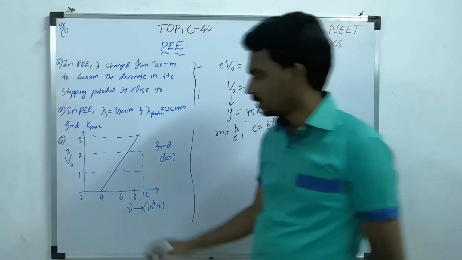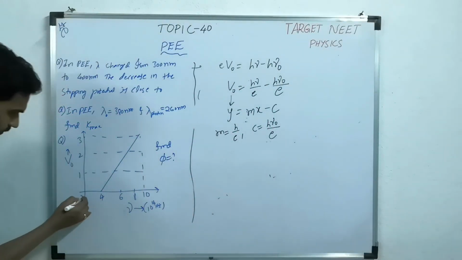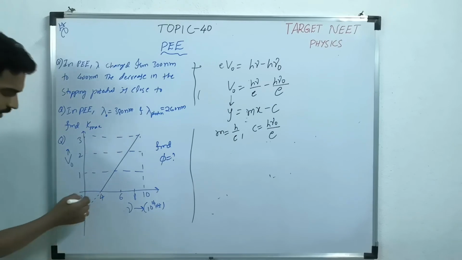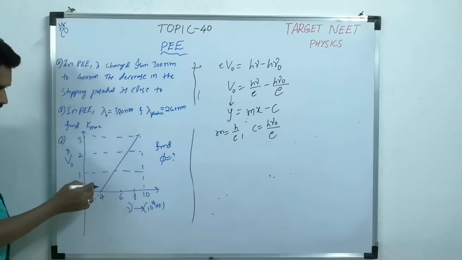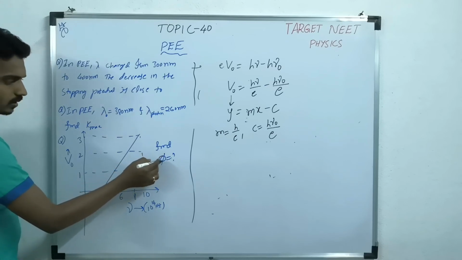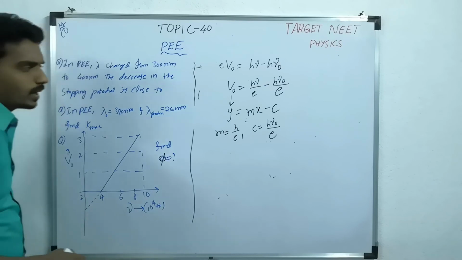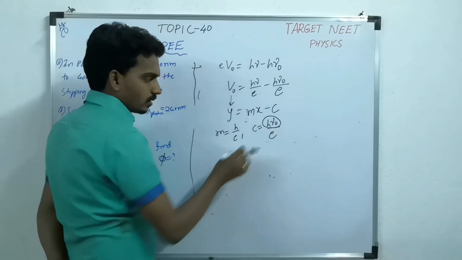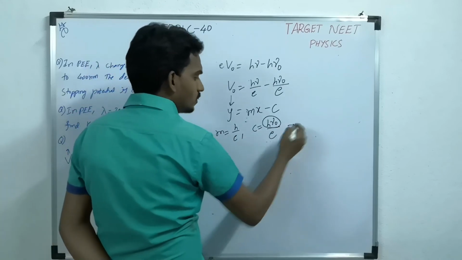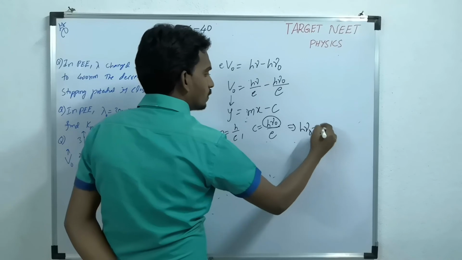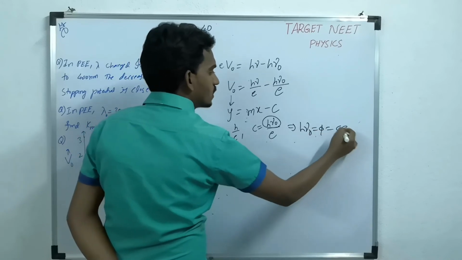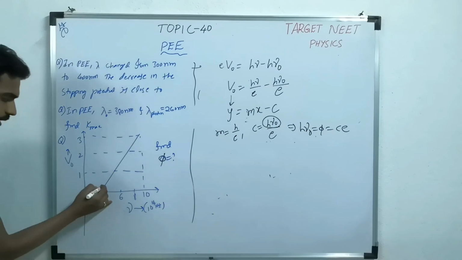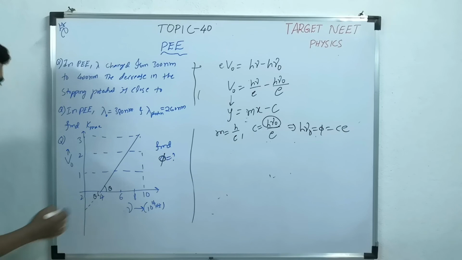Now consider what value they are asking. Phi. Phi is nothing but h nu naught. So if you know the intercept C, then h nu naught, which is phi, the work function, will become C times e. So how do you find the intercept for this? If you consider this is theta, then this is also theta.